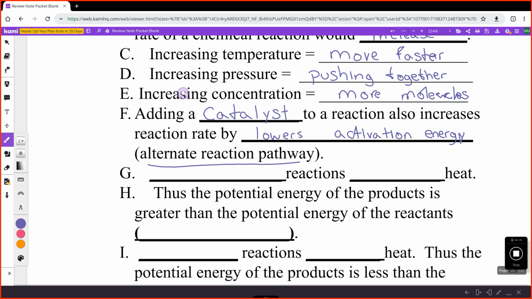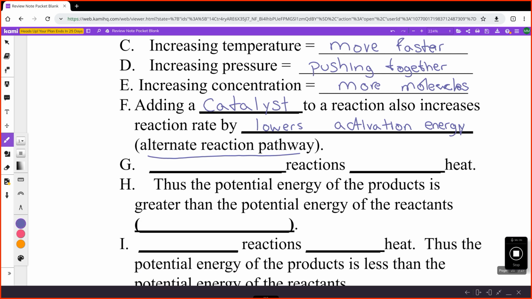So a couple other things that we need to think about and put in our brains are the terms endothermic and exothermic. Endothermic, we've talked about this in this series as well. Endothermic reactions absorb heat.